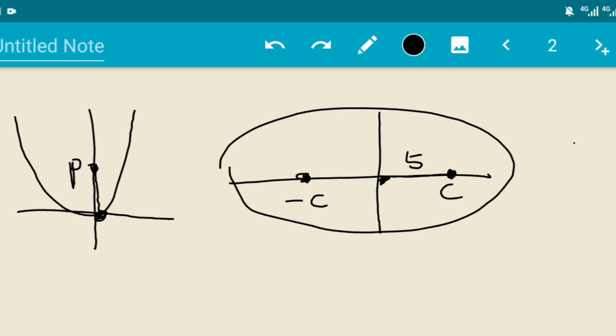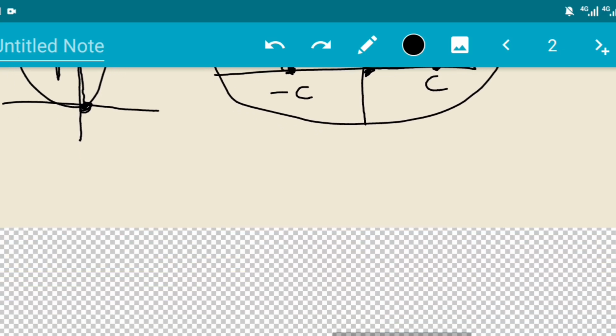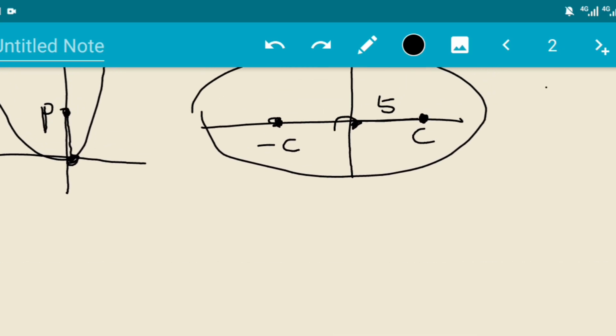The distance from the origin to the focus is C, but the distance from the origin all the way up to the vertex is called A. Let's call that A. So from here up to here, it's also A, since the distances are the same going either direction, to the right or to the left.